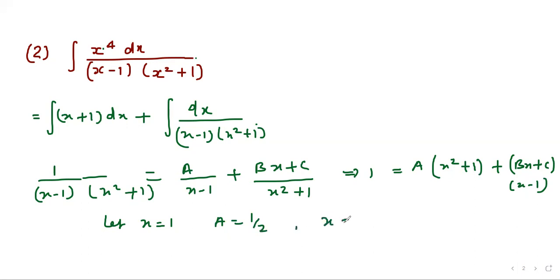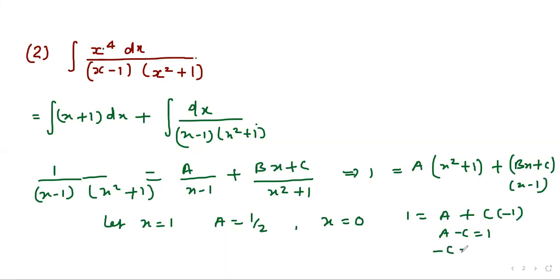Then we take x equal to 0. When we take x equal to 0, then 1 equal to A plus C(−1). That is A − C equal to 1, but A equal to half.